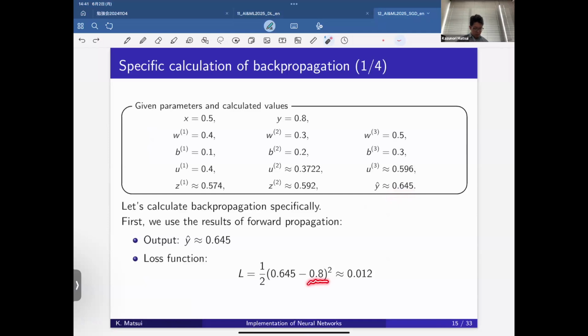So we square this difference and multiply by 1/2. Then we get 0.012. This corresponds to the square of the error.